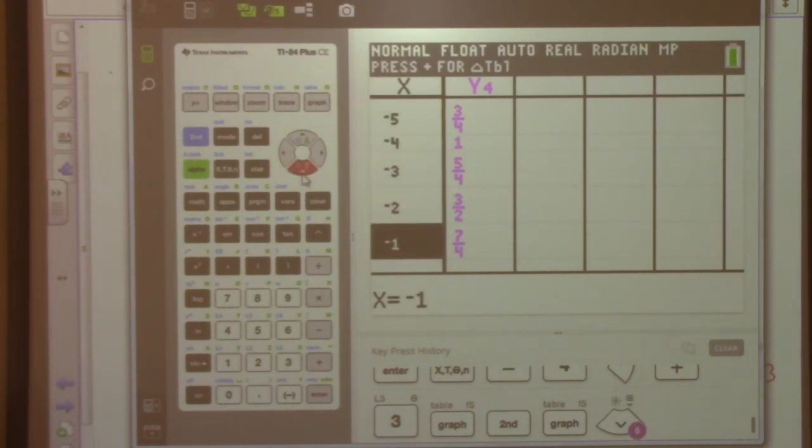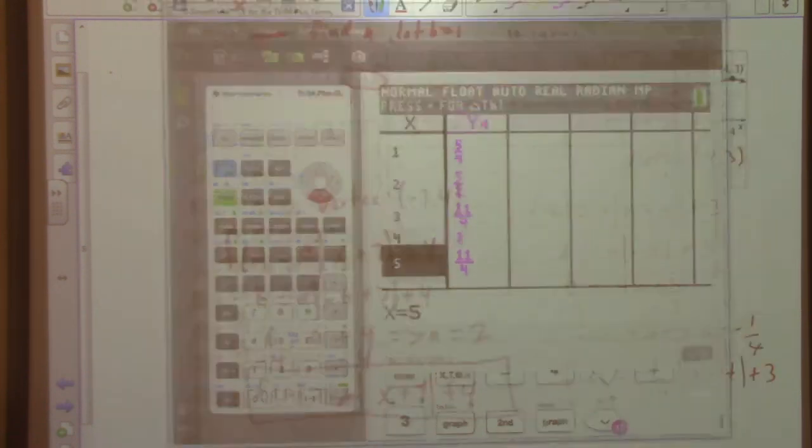That's one of our points, that's good. And 4, 3 we should have also. Oh, we got it, good. So this is awesome work.